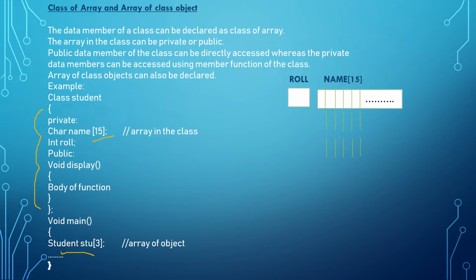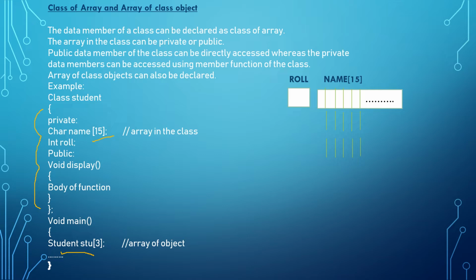But when we create an object array, then there is 3. According to array indexing, it will go from 0, 1 and 2, and this will create 3 roll numbers and 3 names, because one object was accessing one roll number and name.